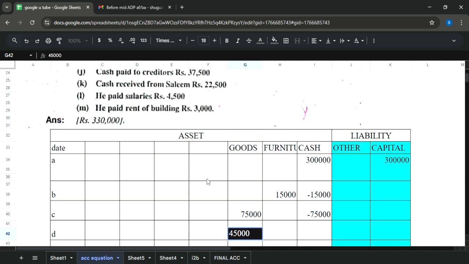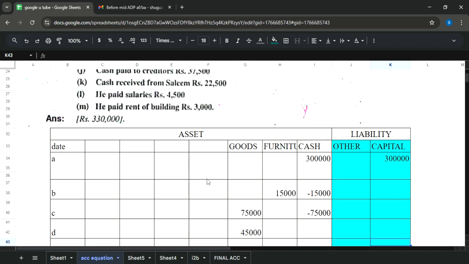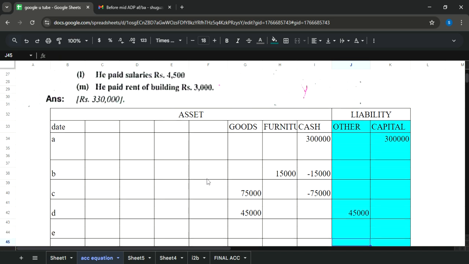Now the second effect, you need to be very attentive because cash is not going out. So you are buying these commodities on credit. The amount is still payable. The person to whom the amount is payable is your creditor. Creditors are liability. So here you will mention 45,000 as your liability because you are buying these commodities from your creditor. So guys, in this way D entry is completed.